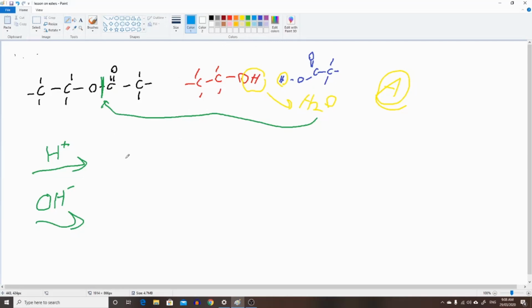So in the presence of an acid, in the presence of both of them actually, you're going to get your alcohol, OH, and down here I'll add the ethanol too.